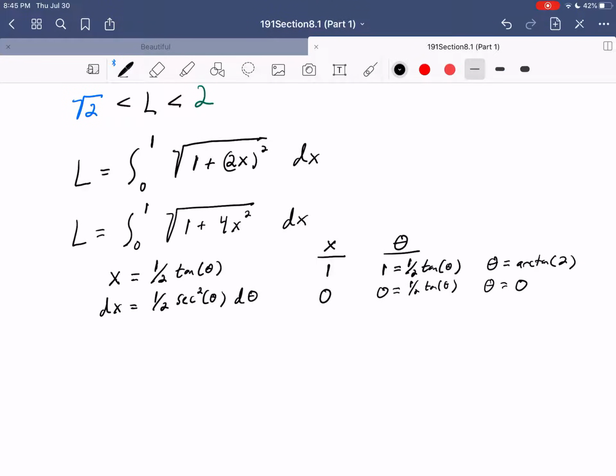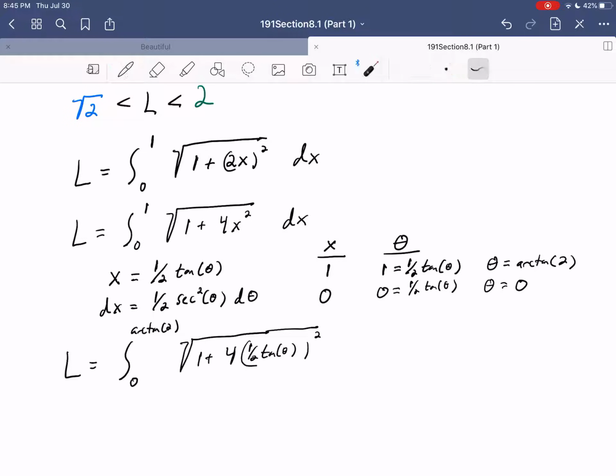All right, let's go ahead and plug this stuff in there. Integral from 0 to arctan of 2, square root of 1 plus 4. Plug in your 1/2 tangent theta, so 1/2 tangent theta squared. And then for this dx here, we'll have 1/2 secant squared theta d theta.